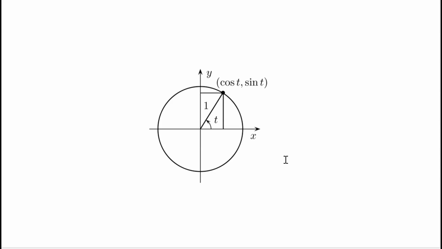Now we know that cosine of t is equal to the adjacent over the hypotenuse, and in this case it's the x and the hypotenuse is 1, so the cosine of whatever angle we're up to is just the horizontal measurement.